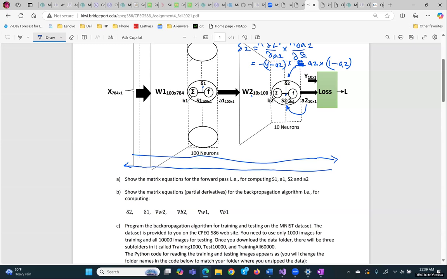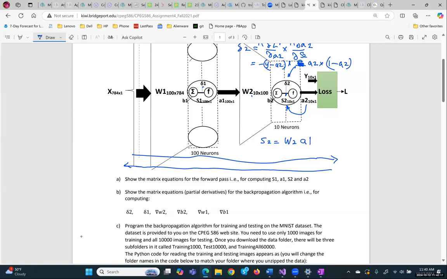Let's take a look at the equation for, for example, S2. In terms of the matrix equations, remember, this will be W2 times the input coming from the previous layer, A1.